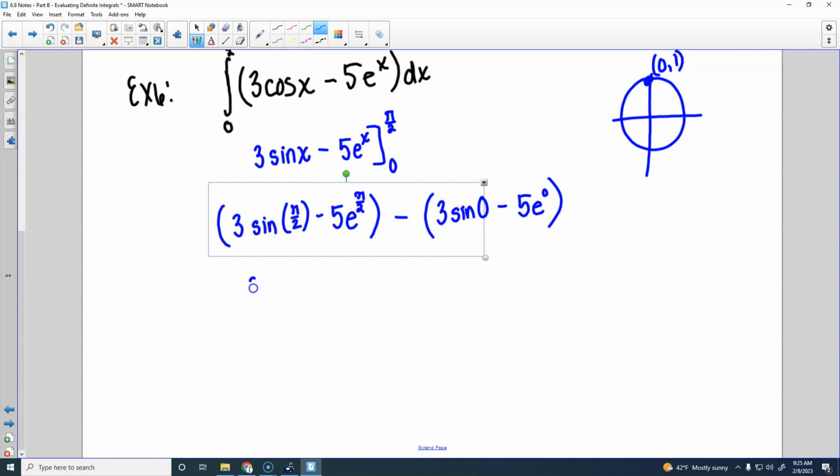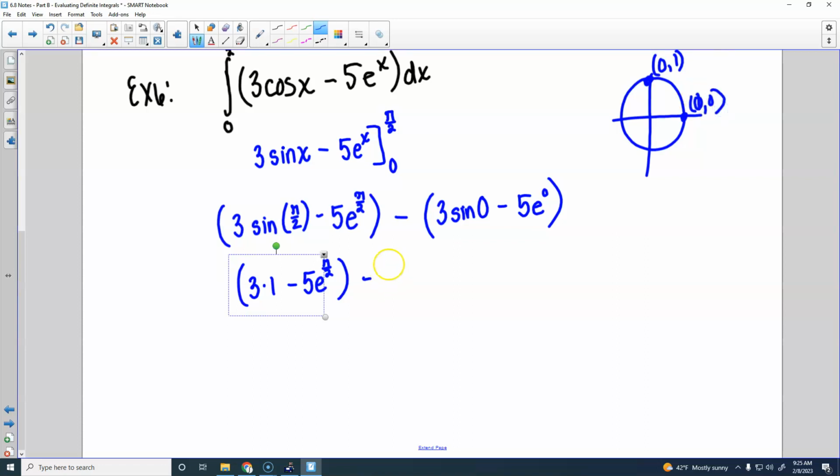1. So we got 3 times 1 minus, you really can't do anything with that 5e to the pi over 2 unless this was a calculator active problem, which it is not. So we would just have to leave it 5e to the pi over 2. What is sine of 0? It's 0. So we're going to get 3 times 0 minus 5.